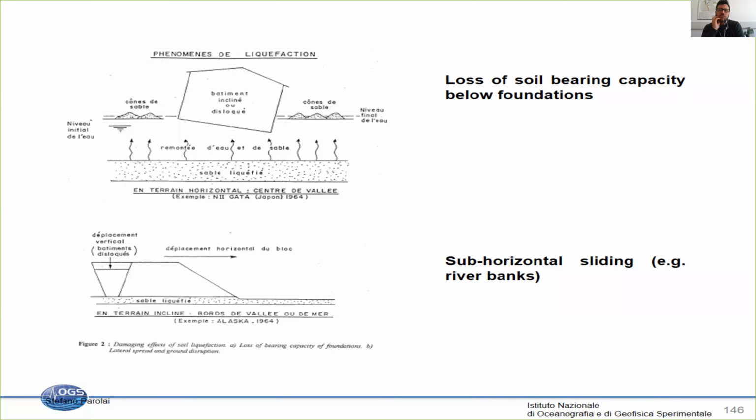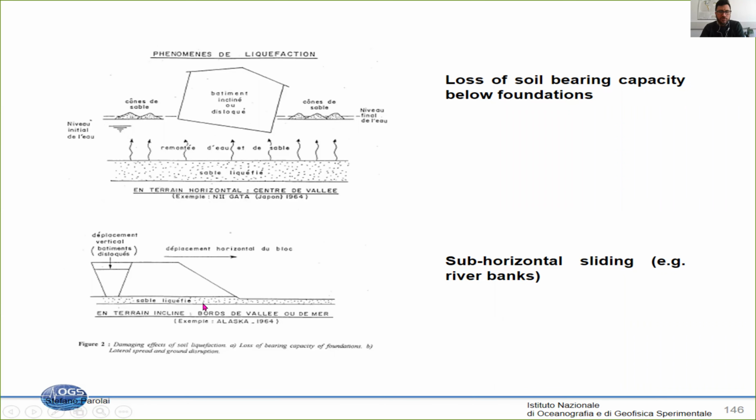So the first effect that I showed you of liquefaction was more or less related to this. So you have a soil here that is liquefying, and therefore your building can lose bearing capacity below the foundation.